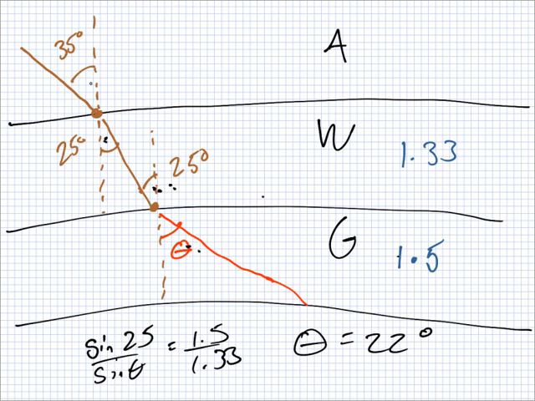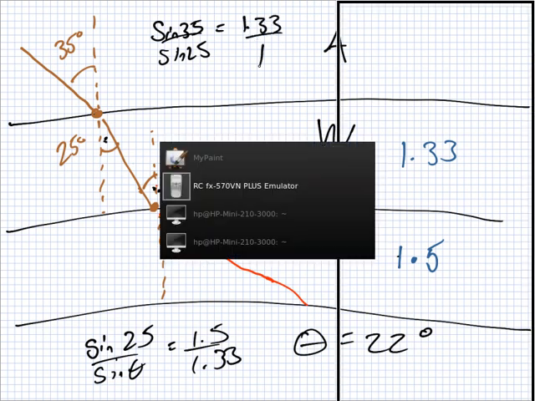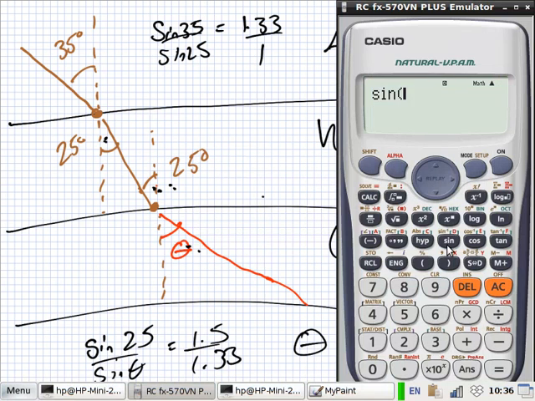So sine 35 over sine 25 should equal 1 over 1.33. If that's right, 1.33 over 1. Okay, well let's just double check it. Sine 35 divided by sine 20. Okay, rounding error, but that seems fine.